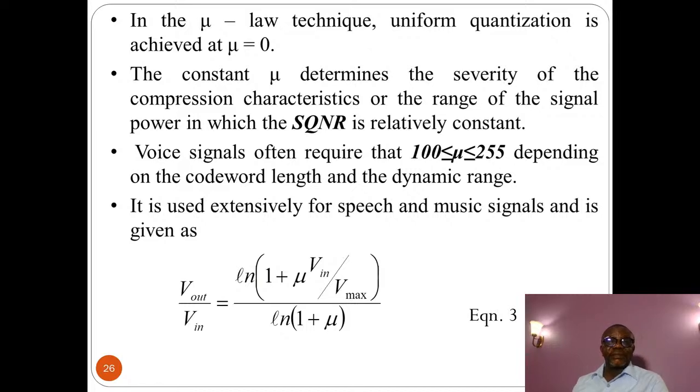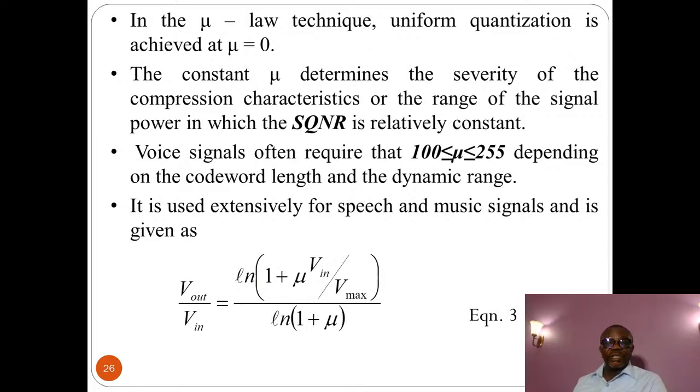The constant mu determines the severity of the compression's characteristics or the range of the signal power in which the signal quality to noise ratio is relatively constant. Voice signals often require that mu lies between 100 and 255, depending on the code word length and the dynamic range.